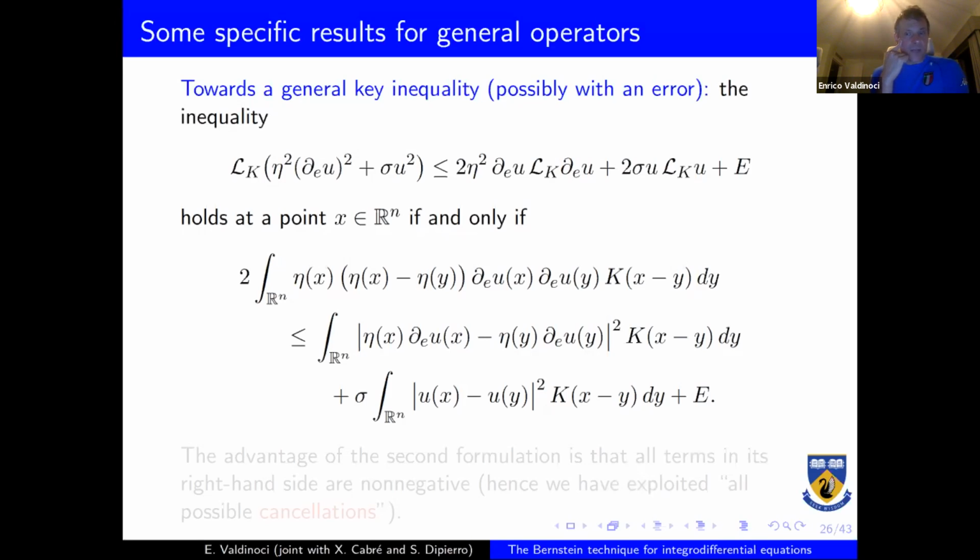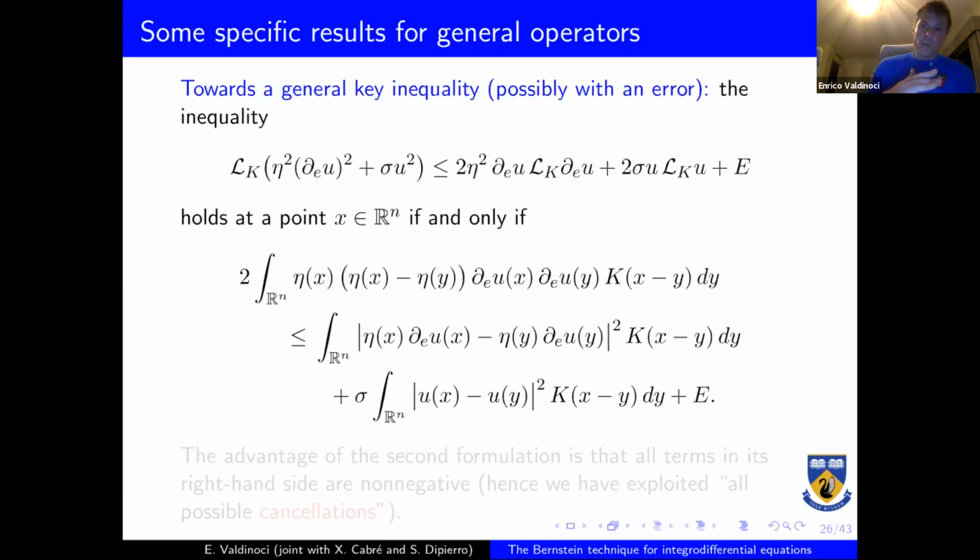Whenever in the classical computation we were able to kill one term with the other because they were the same, here the cancellations may be hidden inside the integrals. And so we want somehow a pivot that is equivalent to the key inequality, but that has a clearer structure in terms of positivity or negativity.